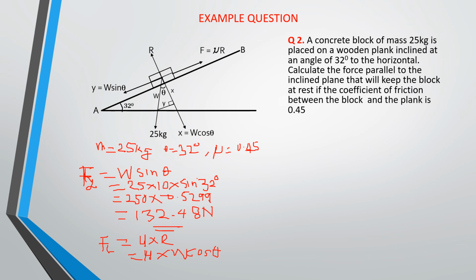If you substitute your values into this equation, you are going to have 0.45, which is the coefficient of friction, multiplied by W cos theta, which is 25 times 10, that is 250, times cos 32, and cos 32 is equal to 0.8480 from the calculator.